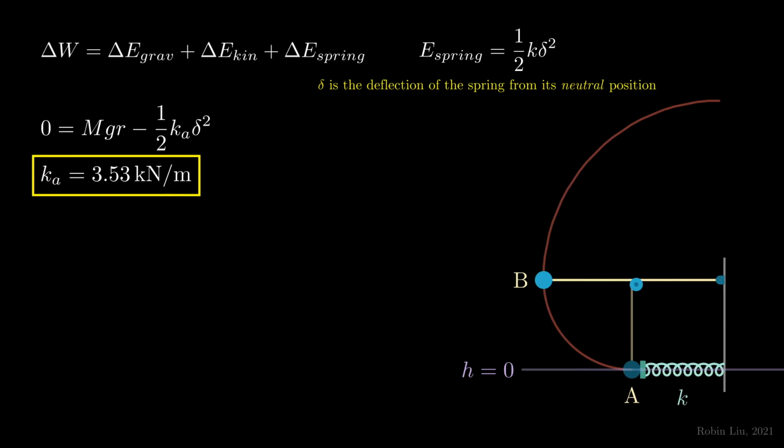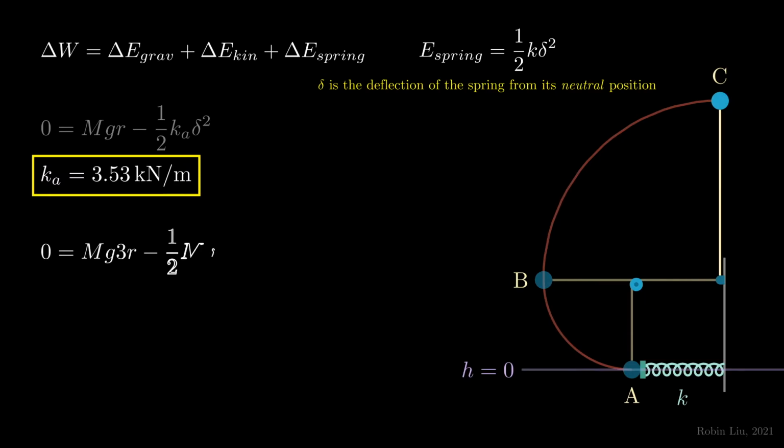The next part is asking for the spring constant which causes the string tension at C to be 0. If we fill in the energy terms again, not only is the height 3 times higher, but we need to include the final kinetic energy. We actually don't know what the final velocity is yet, but we can find it using centripetal acceleration since the bob is moving on a circular path. Drawing a free body diagram, we note that the only forces that could act on the bob are tension and gravity.